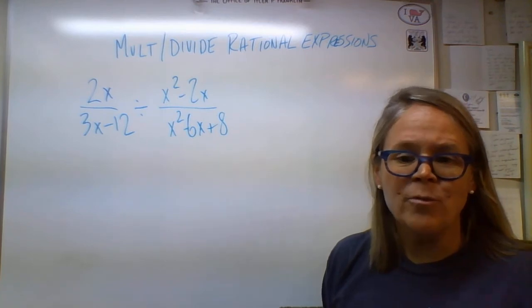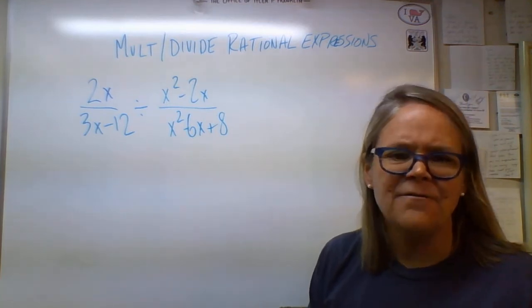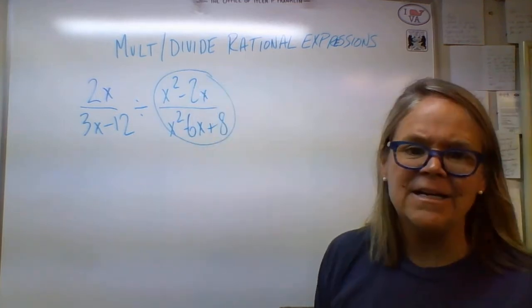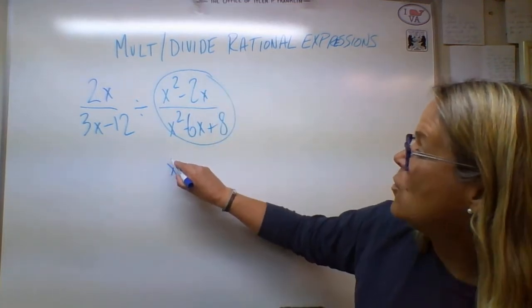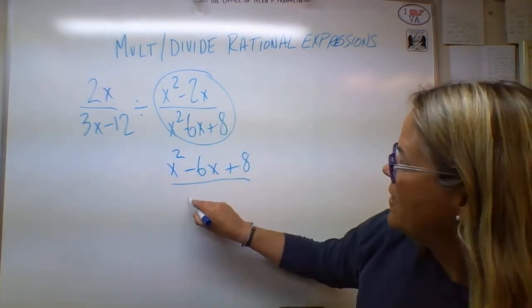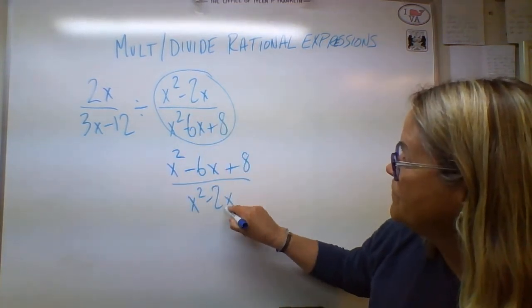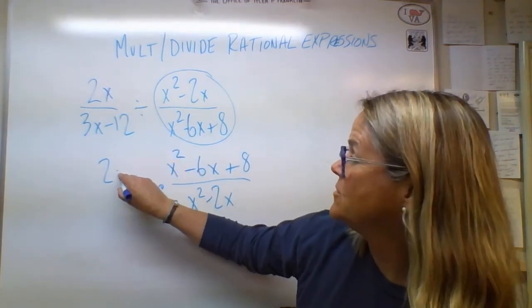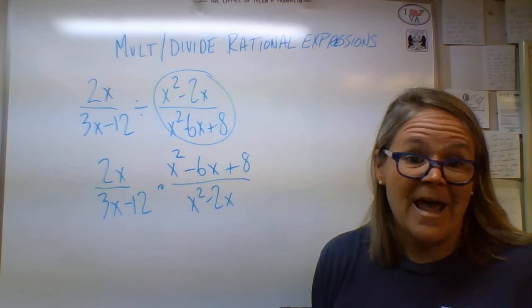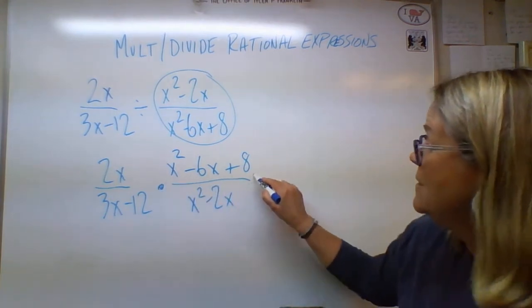What you have to remember, which is on the notes, if you have division, this needs to flip. So that becomes the top now. That becomes the bottom. That stays.